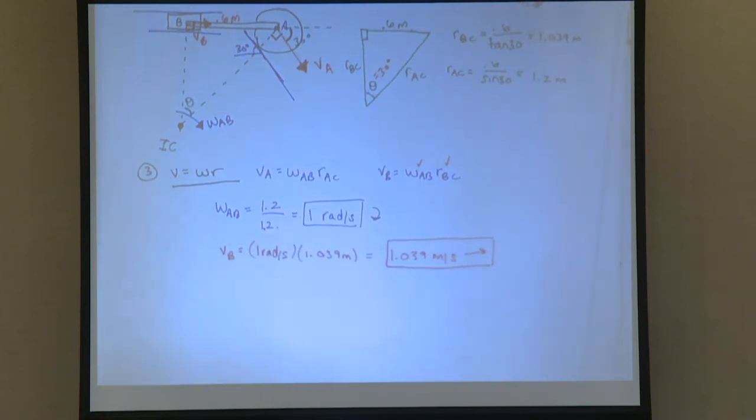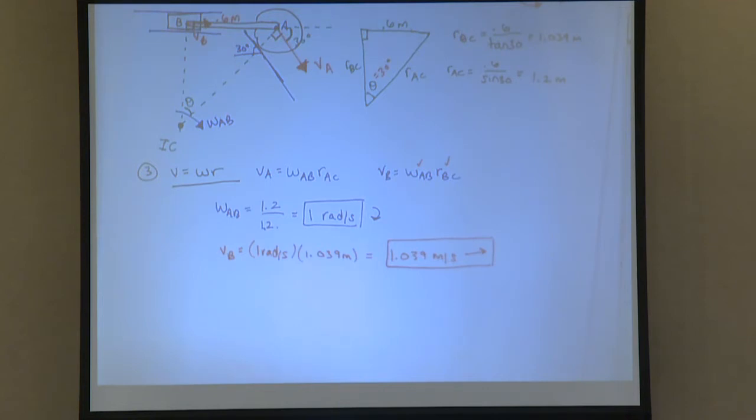That wasn't too bad, right? When do you know that you can use this tool? You can use Instantaneous Center pretty much whenever the geometry is fully known, is what I would recommend. If you know the distances and an angle, then you can do it.